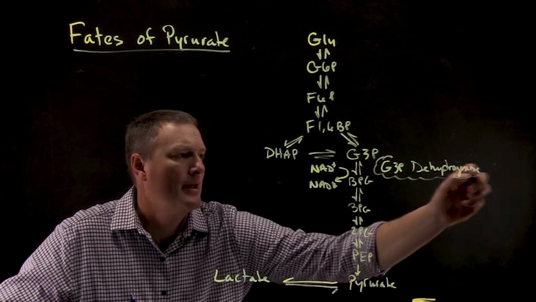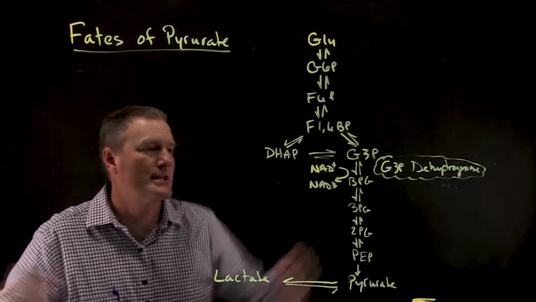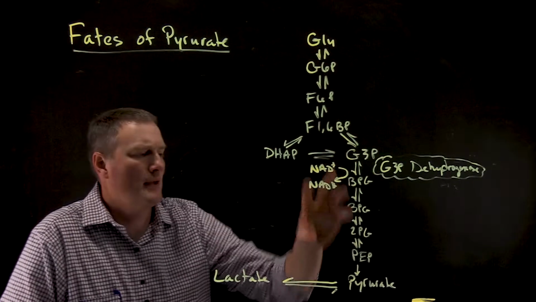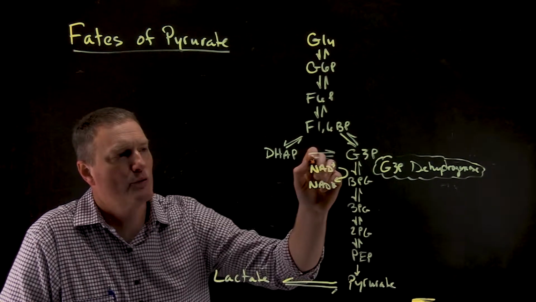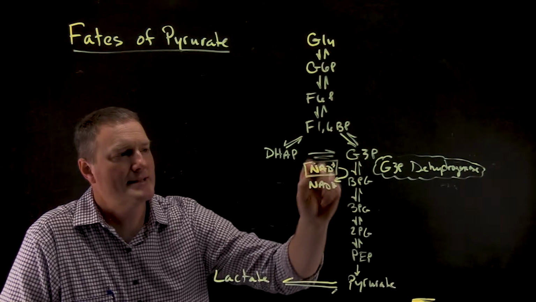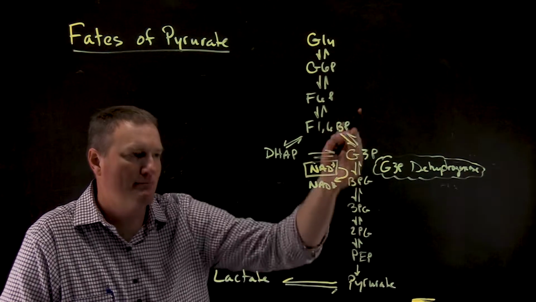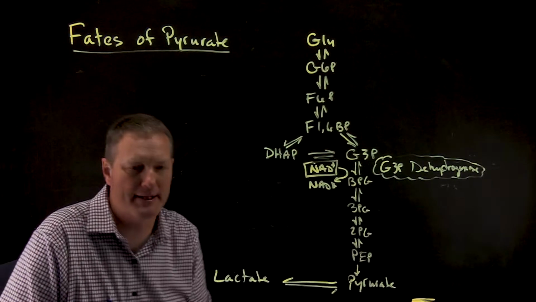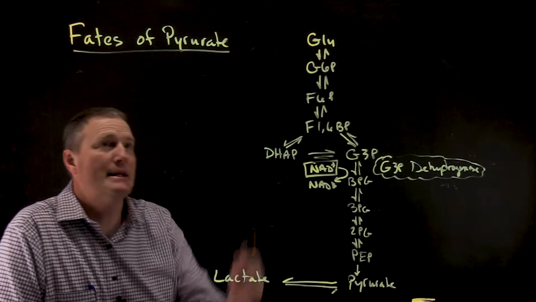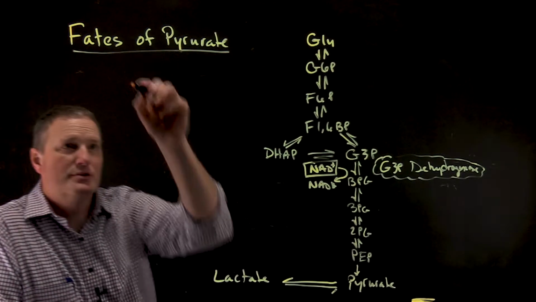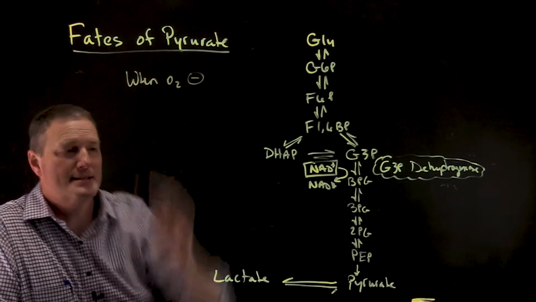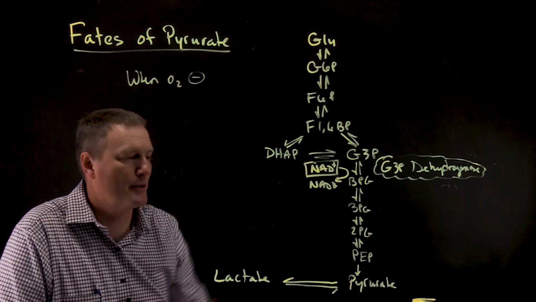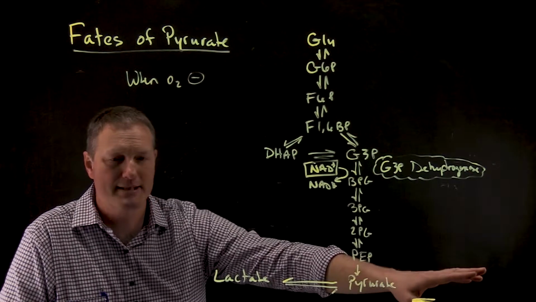So, in order for glycolysis to continue, down to pyruvate, ultimately, we're going to need to have a way to remake or resupply this NAD+ so that we can continue through that reaction right there. So in the absence of oxygen, so when O2 is minus, in eukaryotic systems, the pyruvate cannot go to acetyl-CoA.